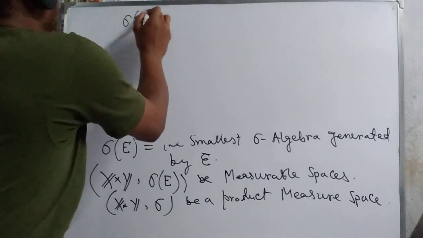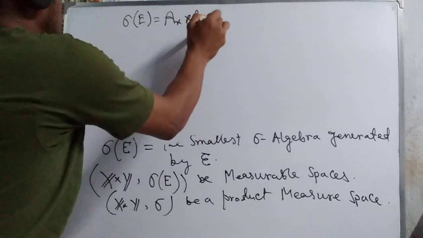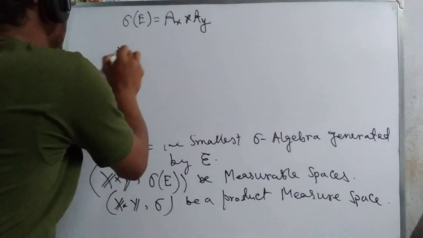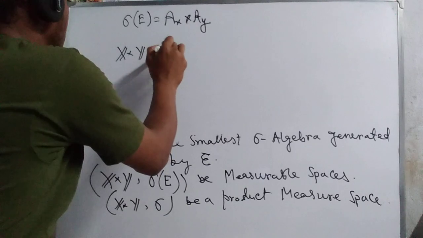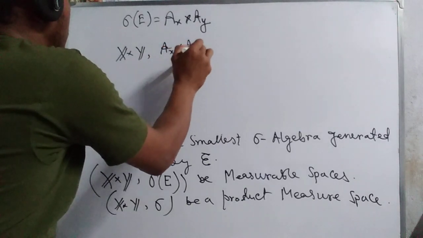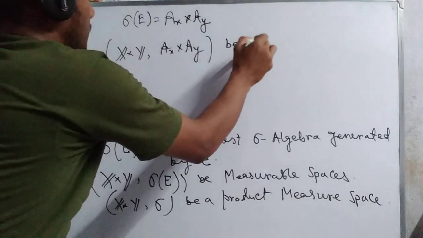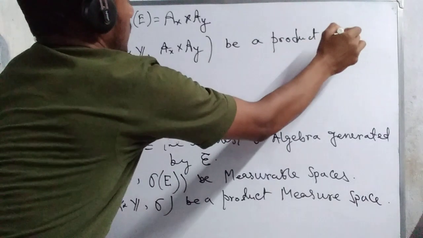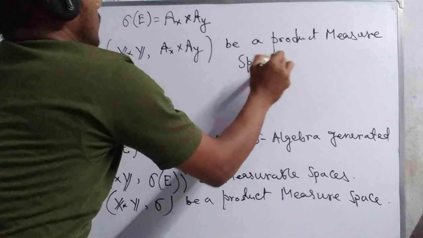Then X Cartesian product Y and AX Cartesian product AY form a product measure space.